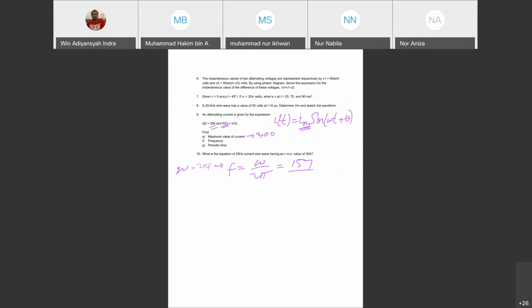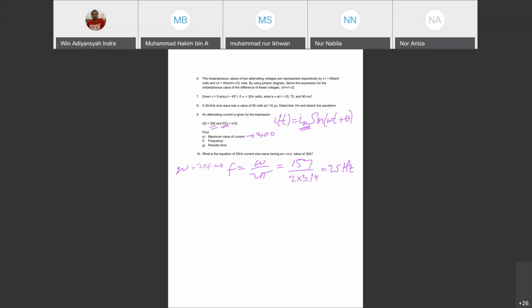That's 157 divided by pi divided by 2, which is around 25 hertz.